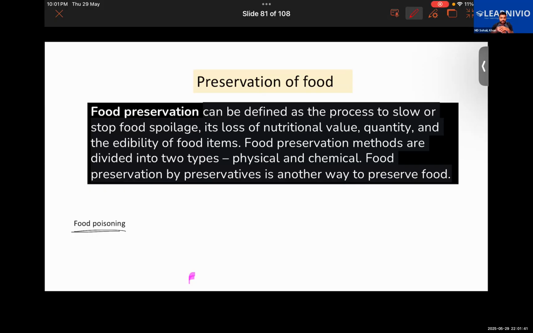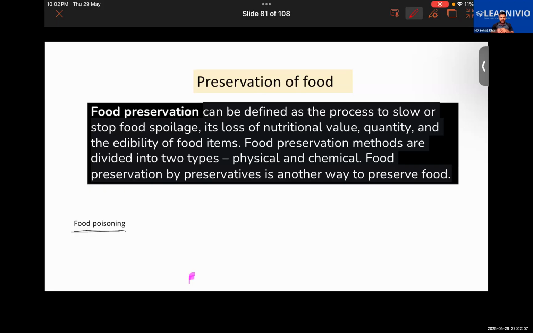So I was saying that if a person has eaten spoiled food, or has eaten food from the street where hygiene is not taken care of, there will be a large number of microorganisms like bacteria and fungus in the food, and they will also release poisonous substances into the food.